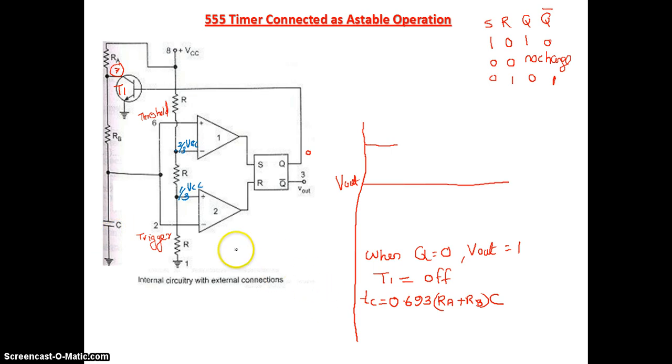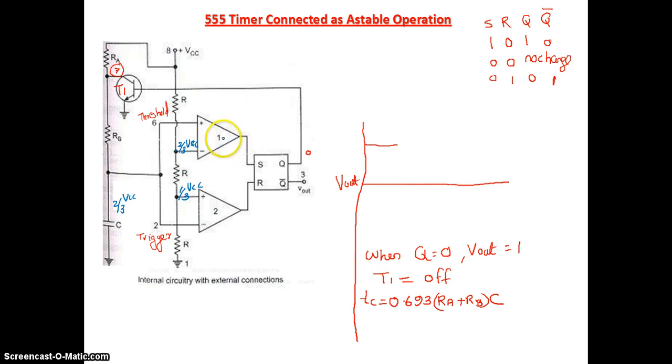Now here, when the capacitor voltage is equal to or just greater than 2 by 3 VCC, since it is directly connected to the positive terminal of your comparator, and the inverting terminal voltage is only 2 by 3 VCC, as the capacitor charges and just exceeds 2 by 3 VCC, the positive terminal voltage of the comparator will be greater than 2 by 3 VCC.